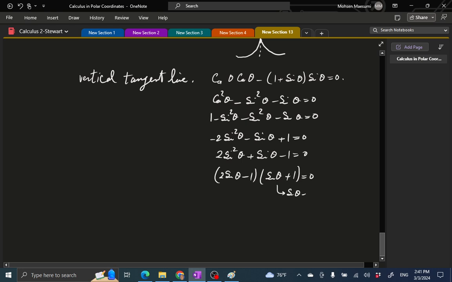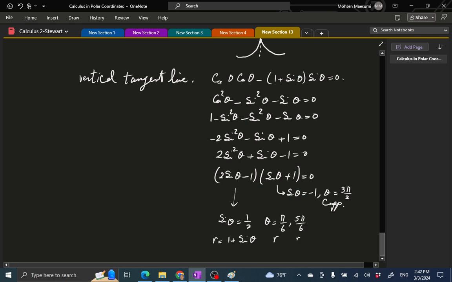This tells us sine of theta is equal to minus 1, and that is where we already saw the cusp. This is where that happens. The other one, sine of theta becomes equal to 1/2. Theta is pi over 6 and 5 pi over 6. And then, of course, we can put this into our formula to get the r. r was 1 plus sine of theta. So we can go ahead and find the r for each of these.